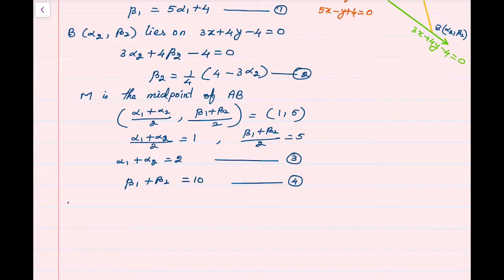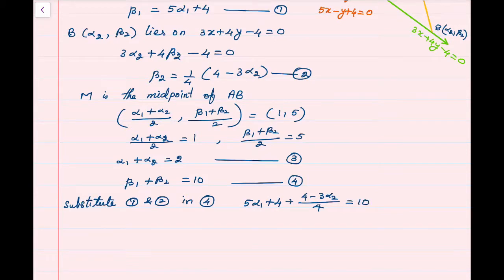Now we will substitute 1 and 2 in the fourth equation. Beta 1 is 5 alpha 1 plus 4 from the first equation, and beta 2 is (4 minus 3 alpha 2) divided by 4 from the second equation, and this total is 10.